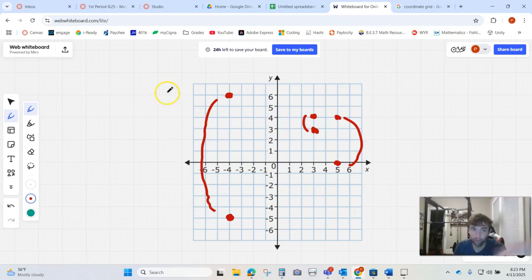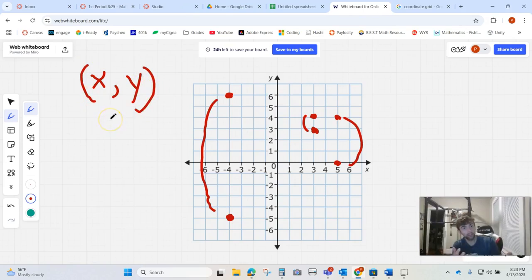If you recall from our previous lessons, every point on the coordinate grid has directions. They have an ordered pair that says where that point is on the coordinate grid. And you write this pair like this. First it's the x value, then it's the y value.